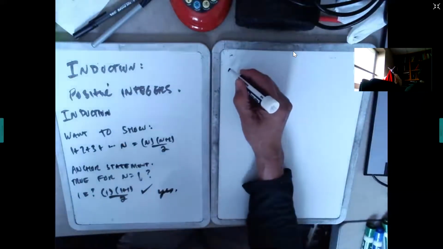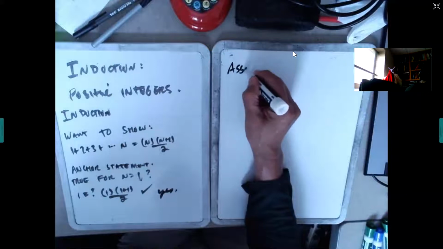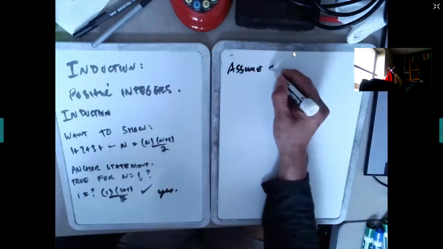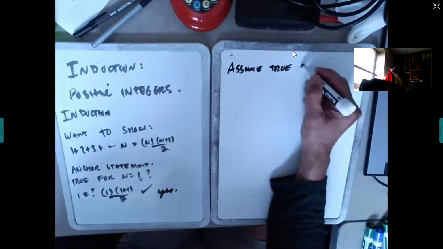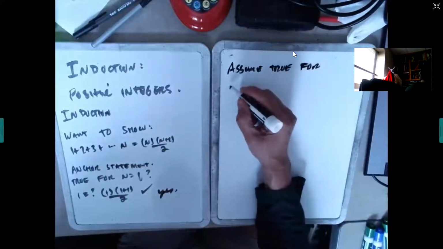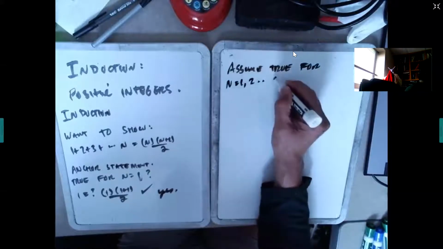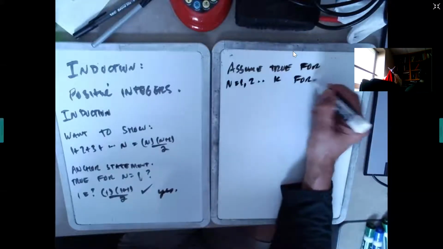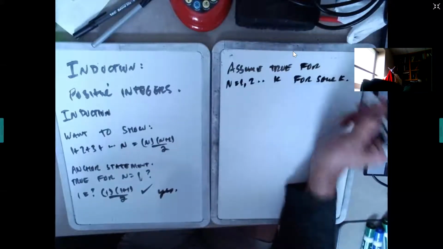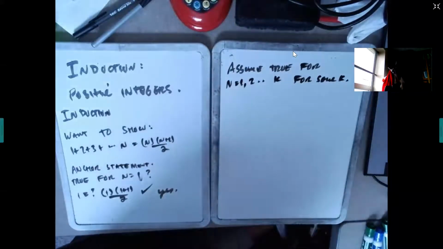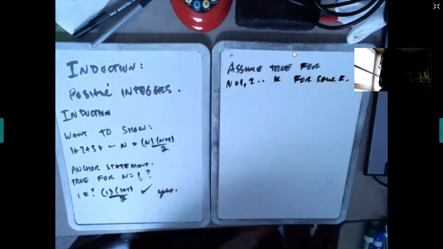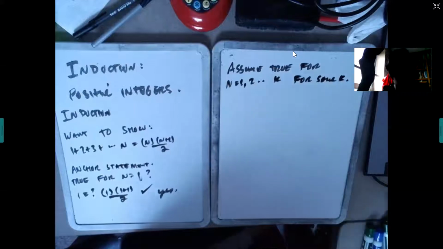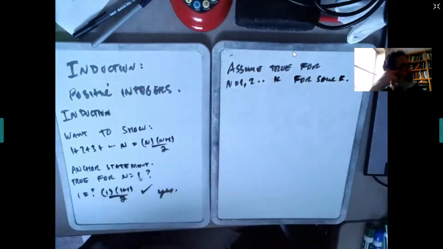The next thing you do is assume the statement is true for n equal 1, 2, all the way up to some k. Now, for those of you who have heard of weak induction versus strong induction, I'll explain what's going on here just a bit.